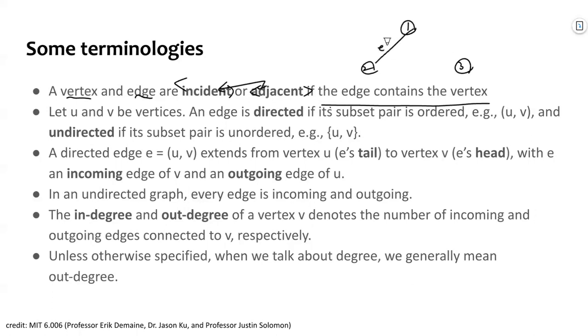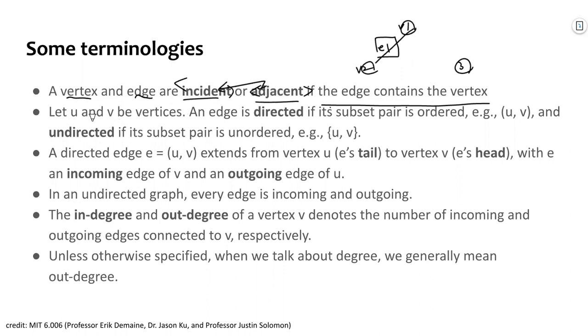Let's say this edge is E1. And we say vertex 1 and vertex 2 are adjacent or incident. And at the same time, we say E1 and vertex 2 are adjacent or incident. So that is what incident and adjacent mean.